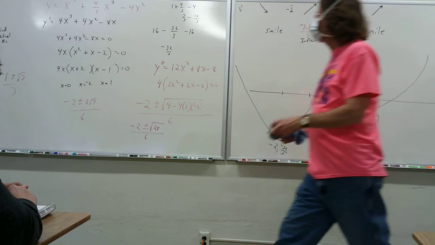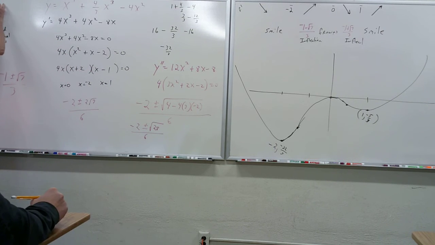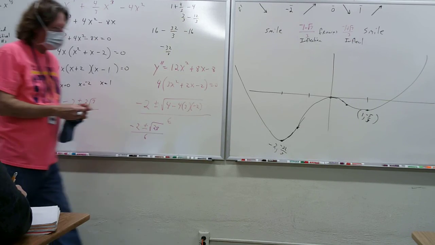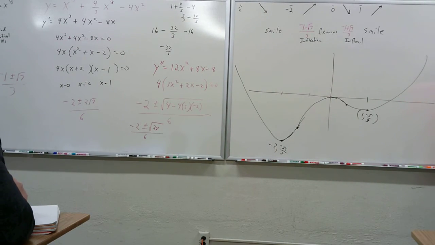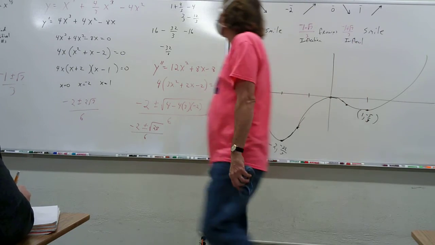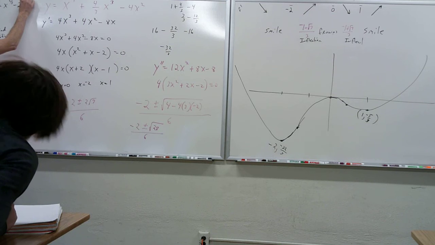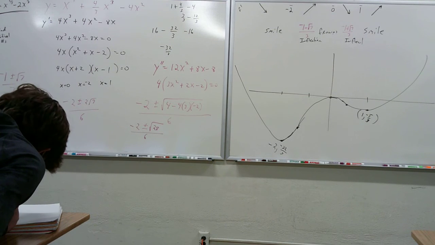Tomorrow's problem, and you can go ahead and write this one down, is going to be y equals x to the 2/3 minus 2x to the 1/3. Now, that's going to be tomorrow's problem, right there. And we'll show you how.